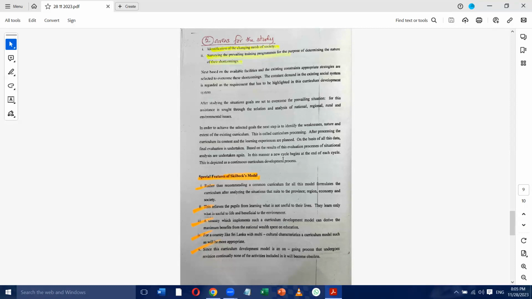They have a national policy. Under that national policy that I was talking about in my early classes, a student from Colombo and a student from somewhere in a rural area will have the same syllabus, the same curriculum, and the same guide.